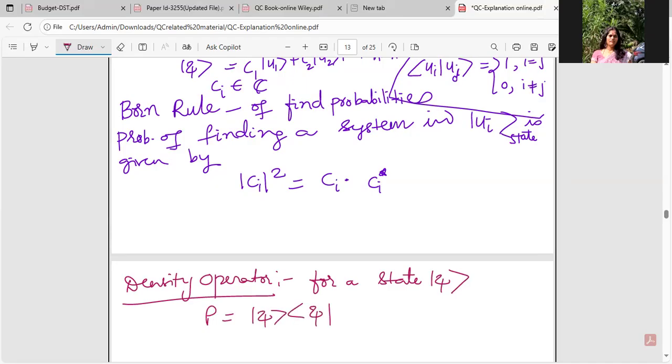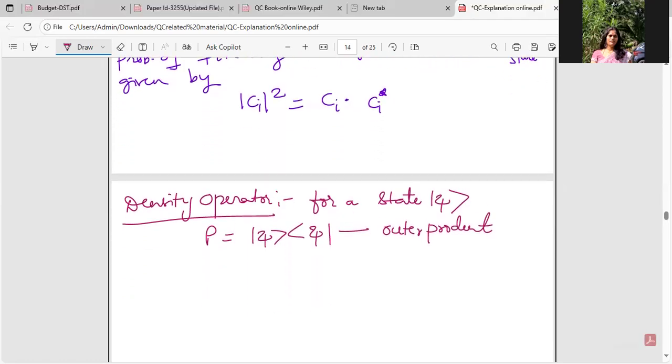I think you would have recollected, this is nothing but the outer product. Now, for the density operator, if the trace of rho is 1, then it has unit trace, and all those things are there. We will see that. The density operator is also called the projection operator.